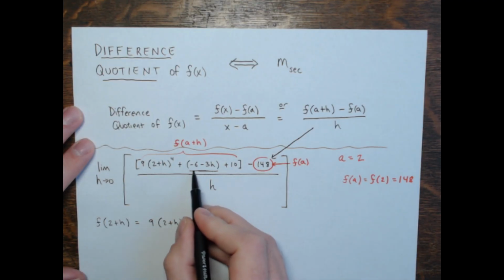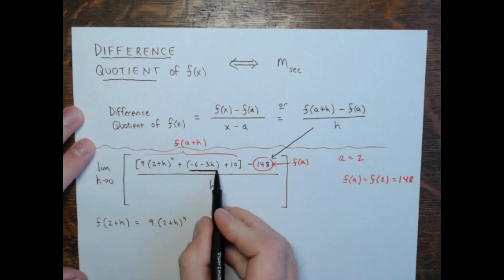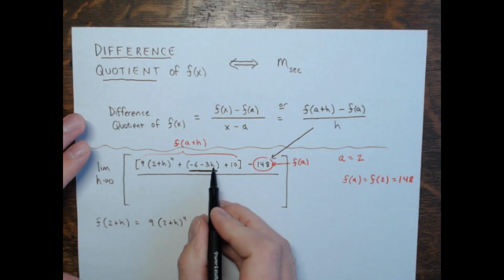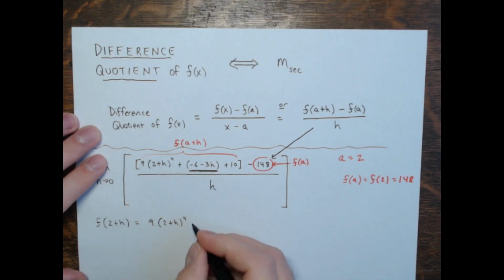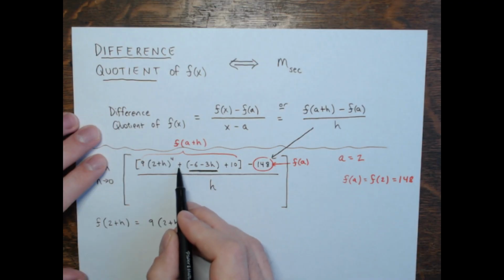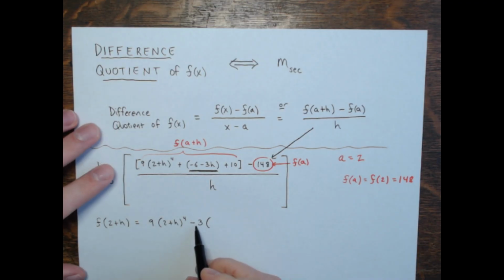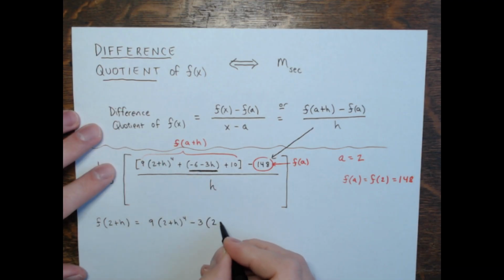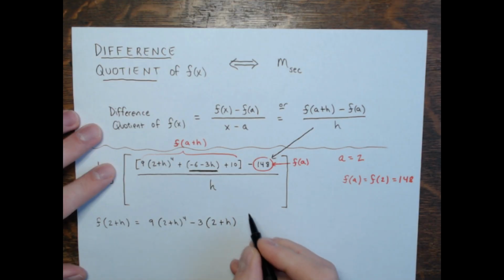And then from this term here, the negative 6 minus 3h, if I want 2 plus h to show up, I'd have to factor out negative 3. So plus negative 3, which would just be minus 3, factor out negative 3 from these two, and then you'd have the quantity 2 plus h again. And then you got plus 10.